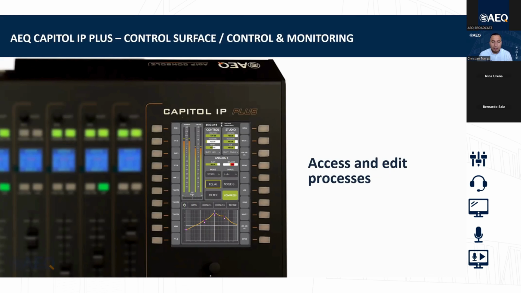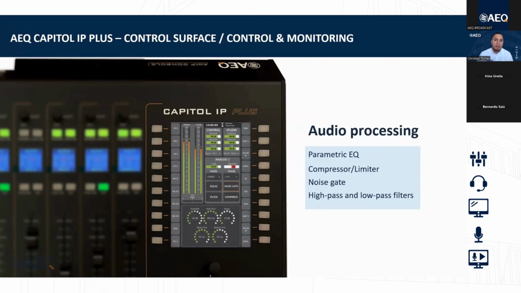In this part, you have another display with the equalizer and compressor. It's possible to have 6 memory banks that can save a specific control surface configuration or work section related to a specific program according to current production needs.